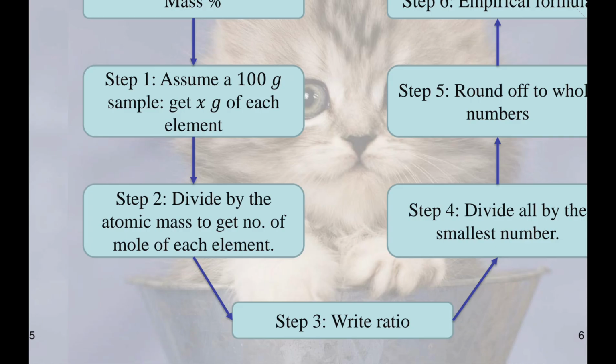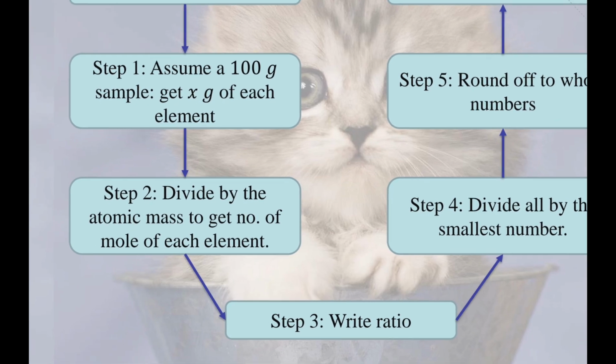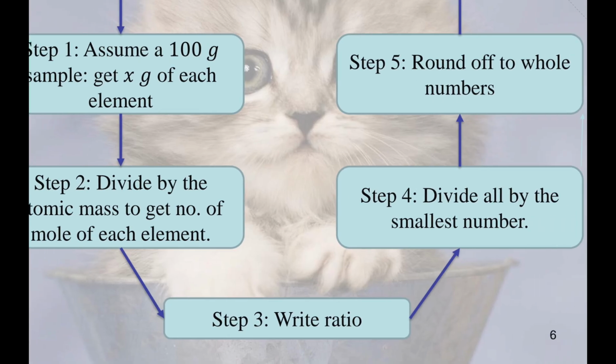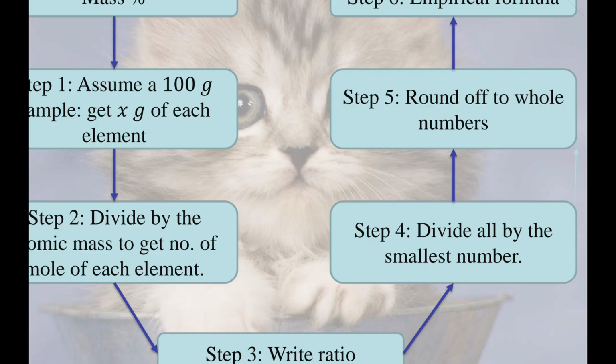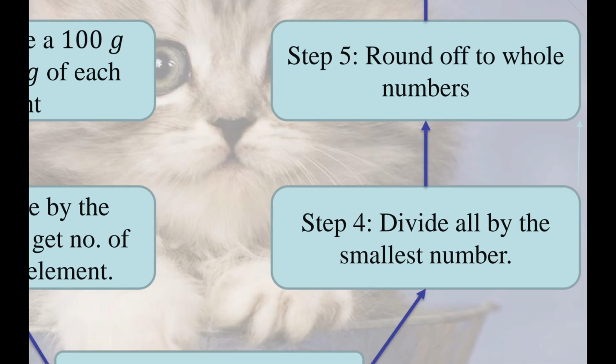Here you're going to use the formula n equals small m divided by bigger M, which is n equals mass divided by molar mass. Then step 3, you write the ratio from the balanced equation. Step 4, you divide all the numbers by the smallest number.